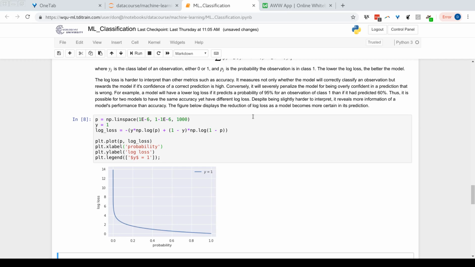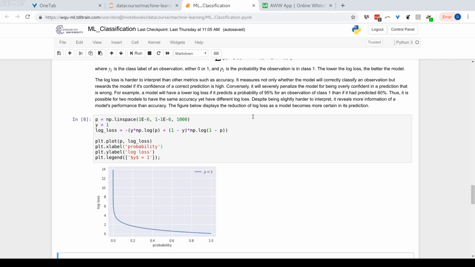If we use this as a metric to optimize, as our cost function for our classifier, this is a function we want to minimize, figuring out the best coefficients, the best model parameters. They're going to yield a very small log loss. What's going to result is a model that becomes more and more certain about its predictions.